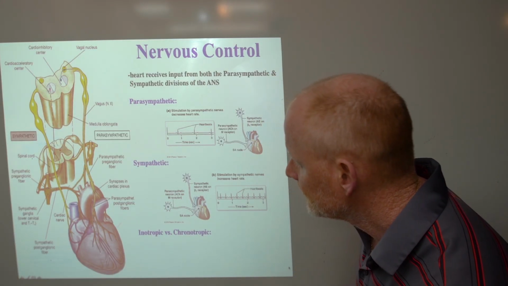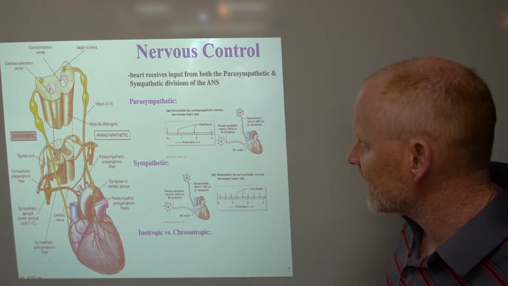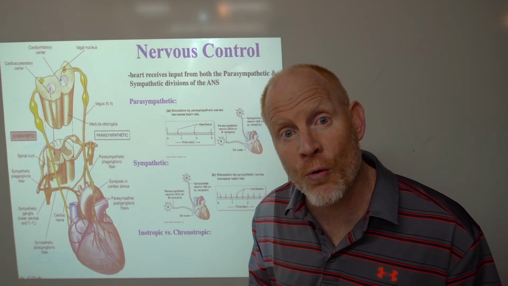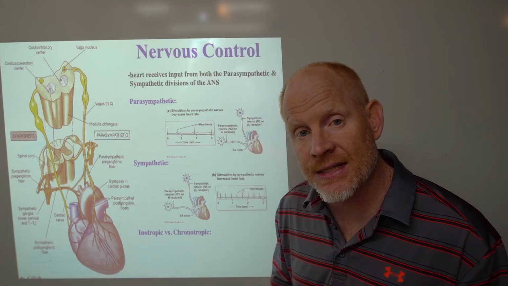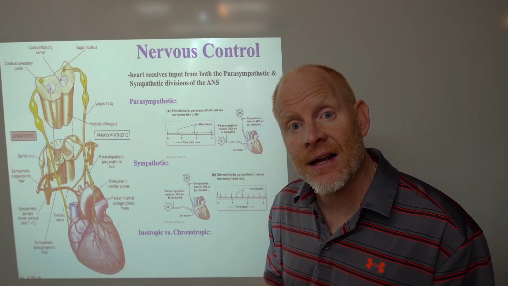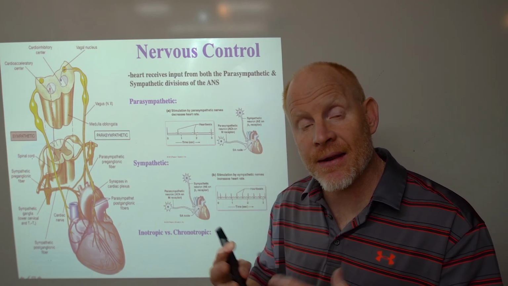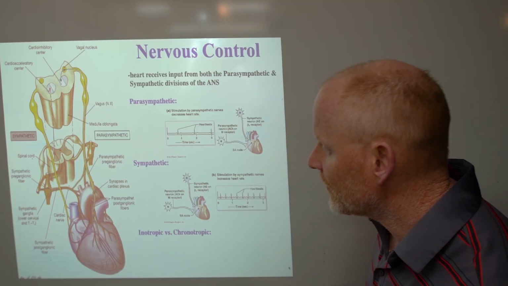The sympathetic nerves are going to release neurotransmitters that increase the amount of calcium released, and that's called an inotropic mechanism. An inotropic mechanism increases calcium concentration inside of the muscle cytoplasm, which will increase the amount of actin and myosin that can interact, and force of contraction will go up.